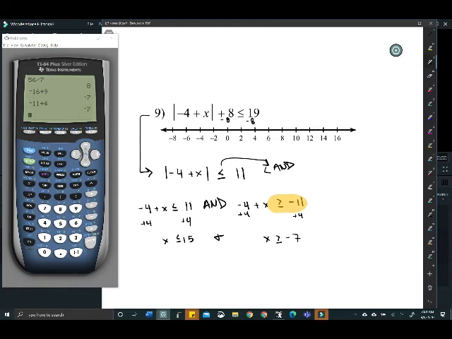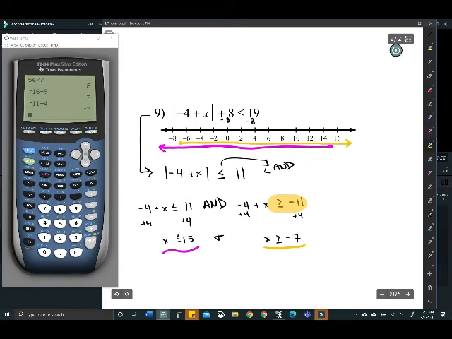It's an and problem, so less than or equal to 15 would start about here and go to the left. Greater than or equal to negative 7 here to the right. And is where they're both involved. So, and we do have solid circles this time. And all the way up to about 15. Okay. So that is that one.